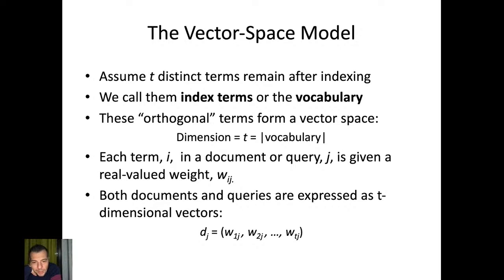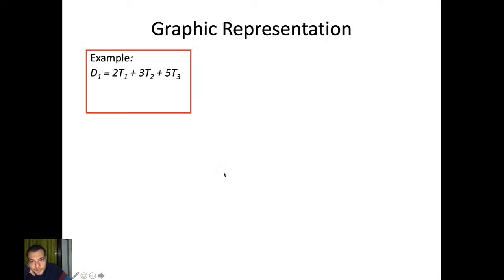So a query or a document j is denoted by d_j, equal to the components w_1,j, w_2,j, until w_t,j. So yeah, these are t-dimensional vectors and each component is a weight. Here we have a graphical representation.